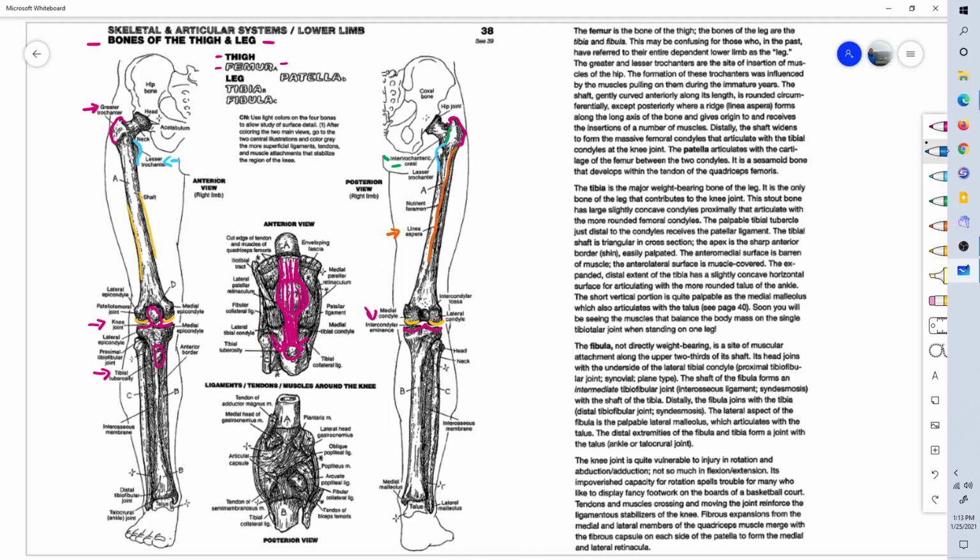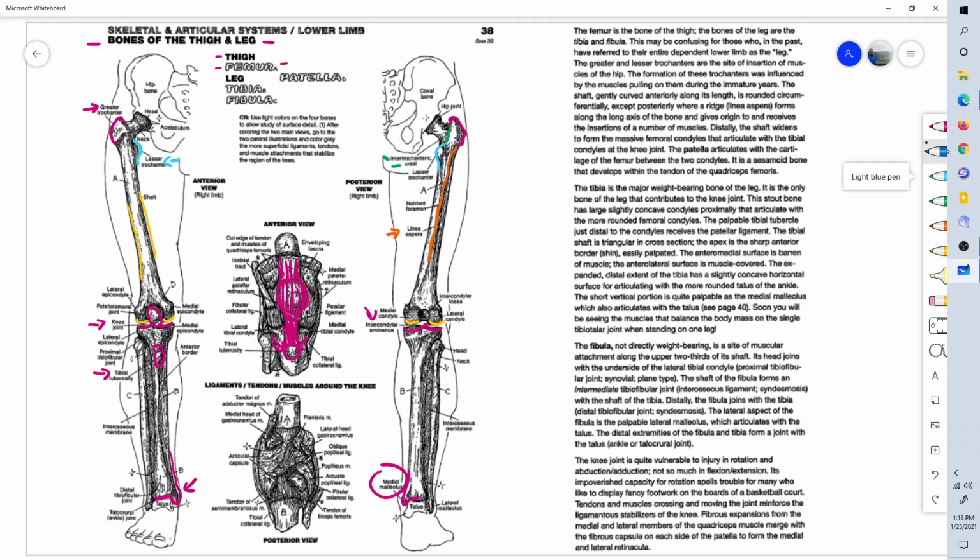Following the shin bone down to the ankle, we have here on the inside, the medial side, what's called the medial malleolus, right here. It's the bump on the inside of your ankle called the medial malleolus.